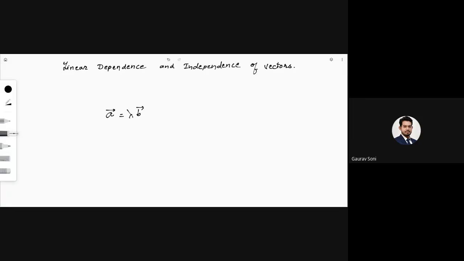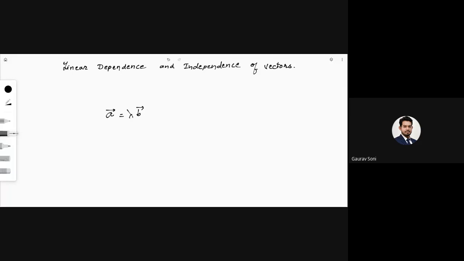It means that their directions will be the same, and if you look at the magnitude, the magnitude is just different for a bar and b bar.